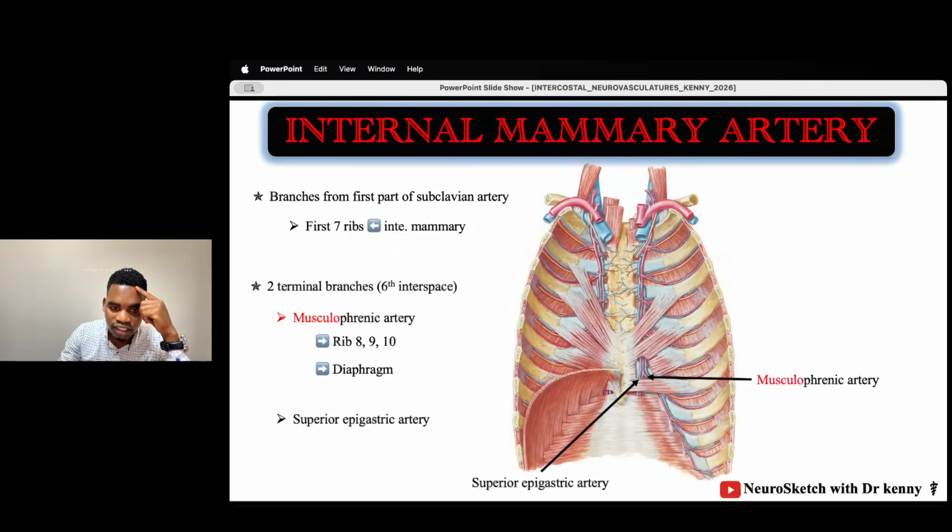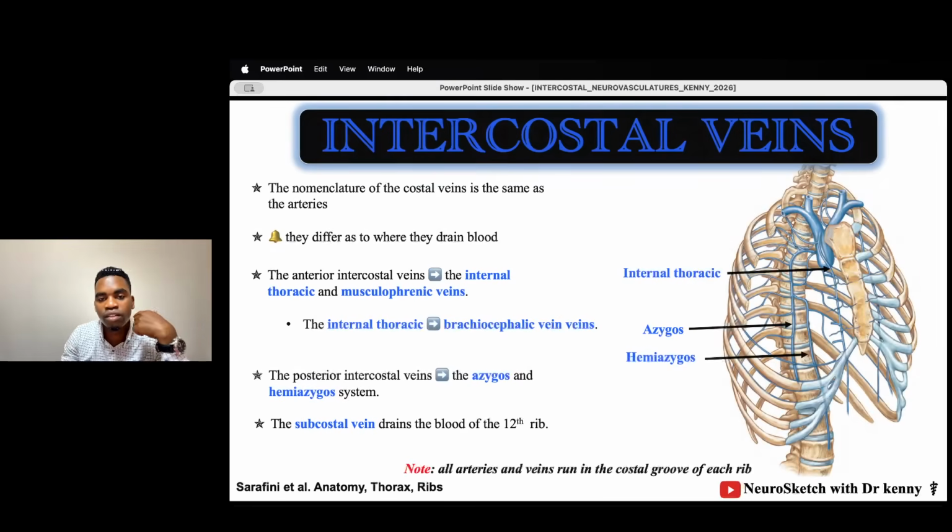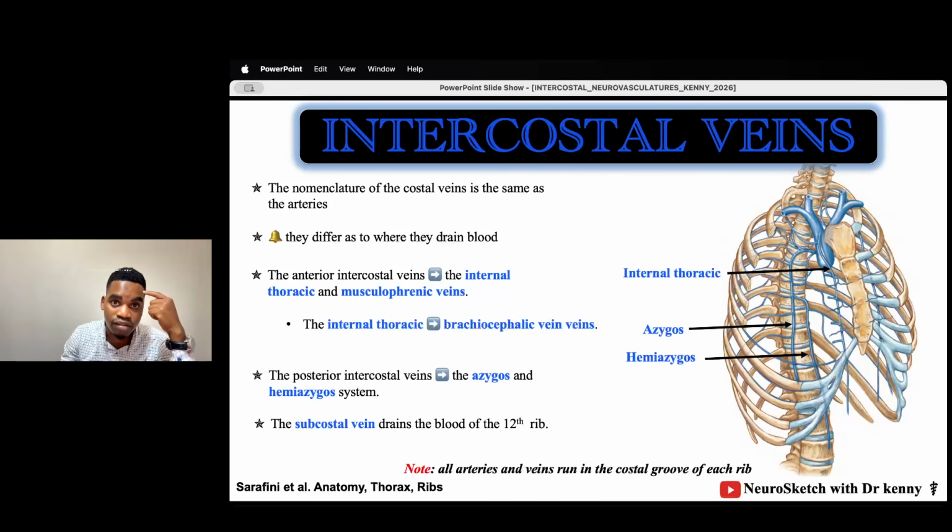In summary, we've seen the internal mammary artery, the internal thoracic artery. When we discuss the internal thoracic artery, you can always go back to have the details about it. But intercostal veins almost have the same names as the intercostal arteries, except for the places they are draining to. For example, we have the internal thoracic vein. The internal thoracic vein is draining the anterior intercostal veins.